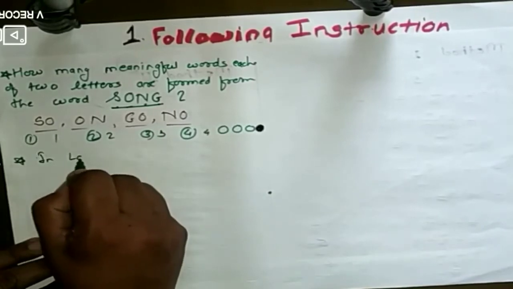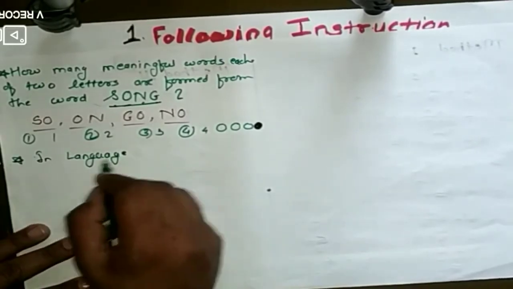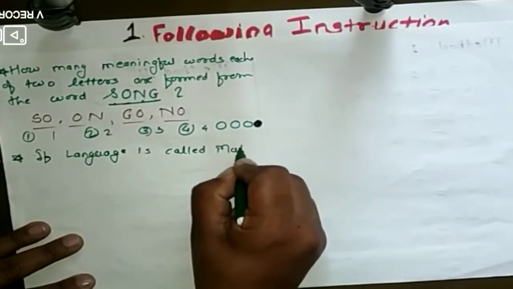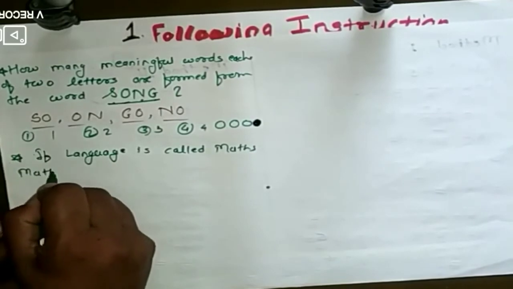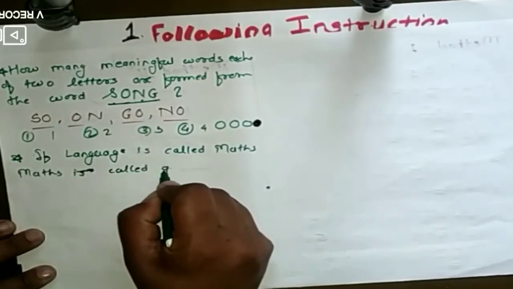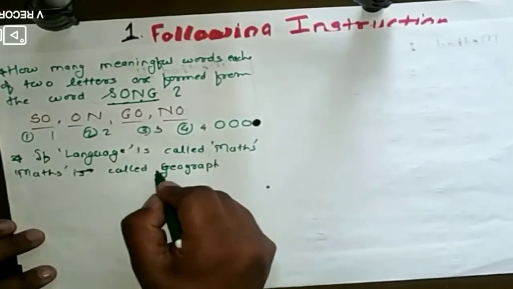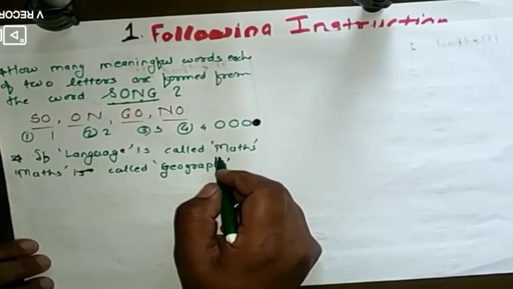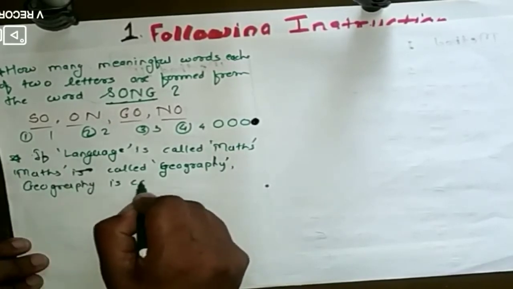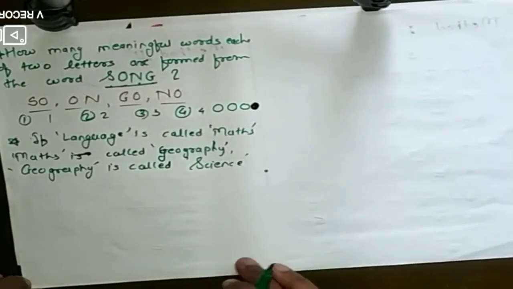In a language, if maths is called geography, geography is called science, and science is called history.